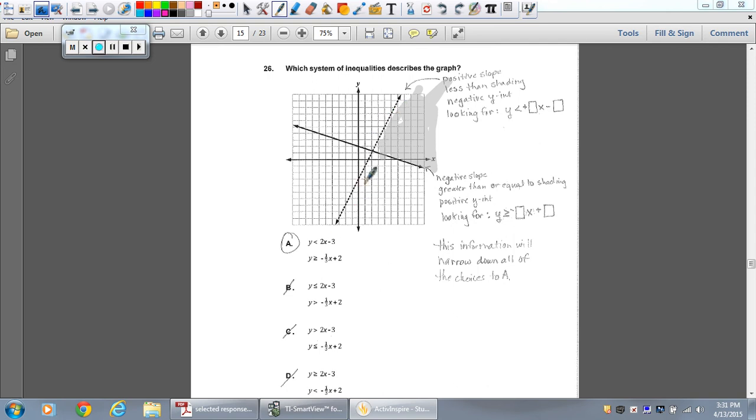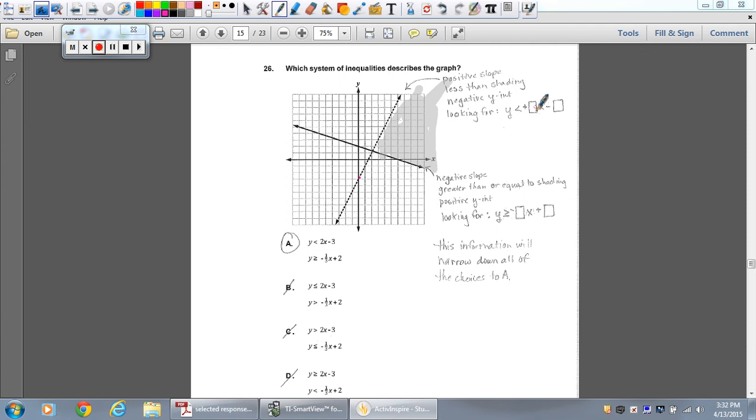So I notice about this dashed line is it has a positive slope. The shading is below it, so it's less than. And I notice that the y-intercept is negative down here. So positive slope, less than shading, negative y-intercept. So I thought about y equals mx plus b form, but I wanted it to be less than. And then I just thought about my slope.